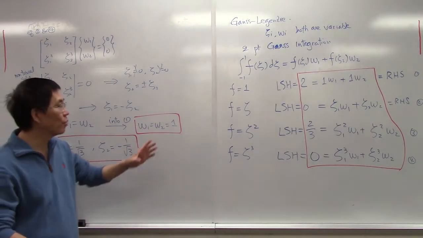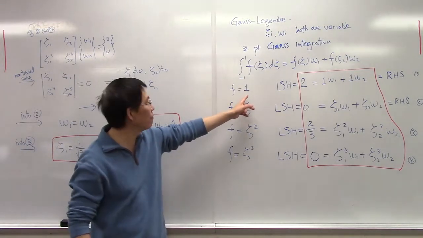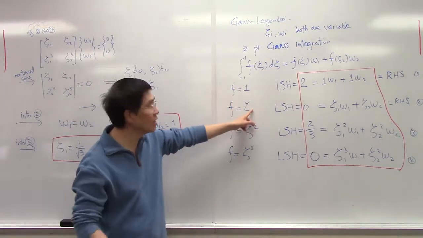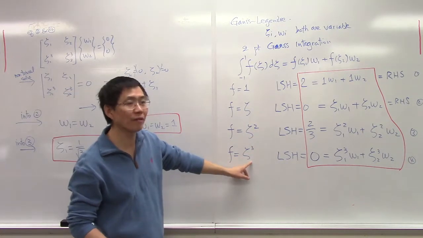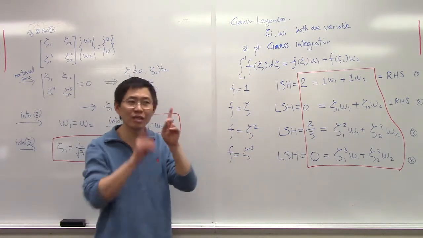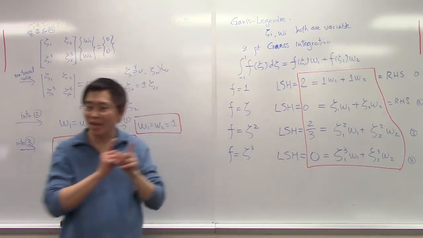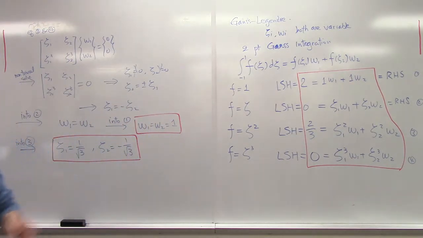The integration will be accurate for constant, for linear function, for quadratic function, and also for cubic function. So now, using only 2 points, you can accurately integrate up to a cubic function, which is very nice, okay?